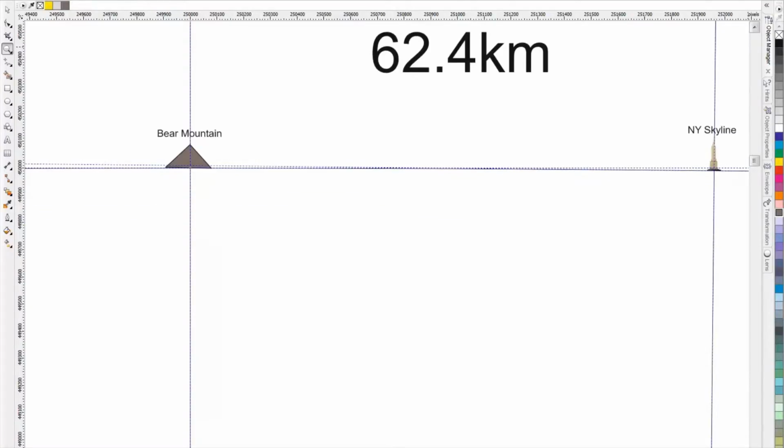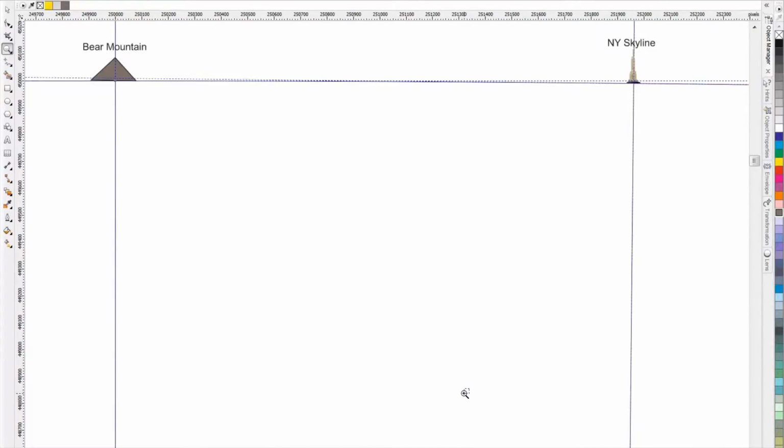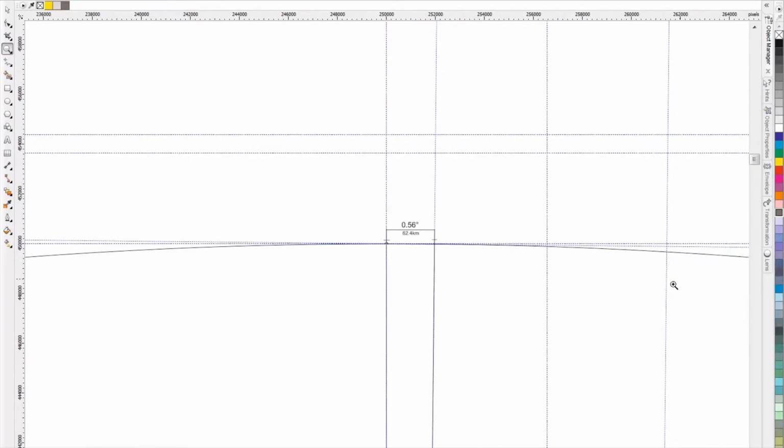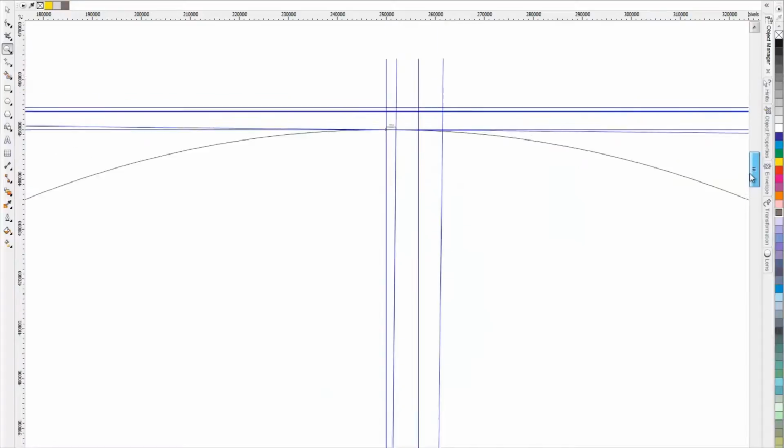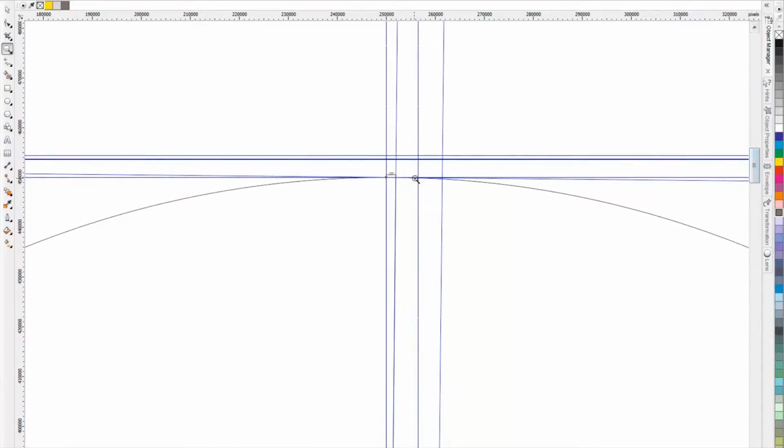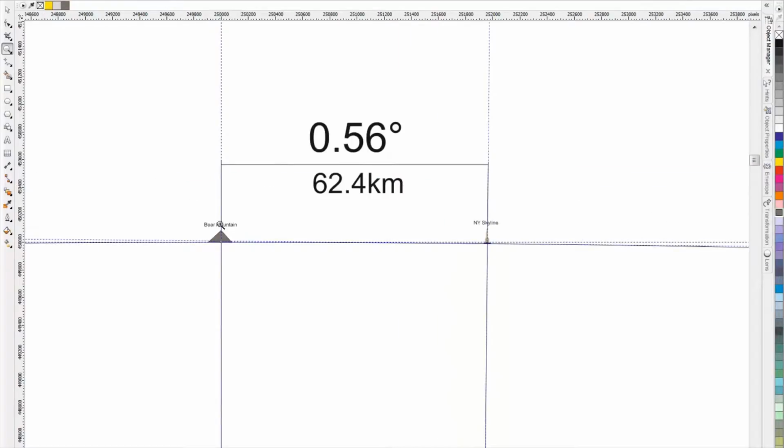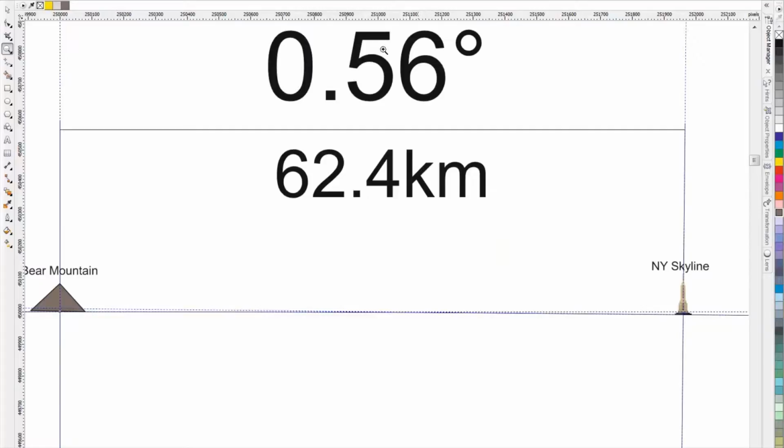What's the angle between them? The angle that joins the 2 points and the center of the Earth. There's the center of the Earth, and these 2 points are joined by an angle, and the angle is 0.56 degrees.